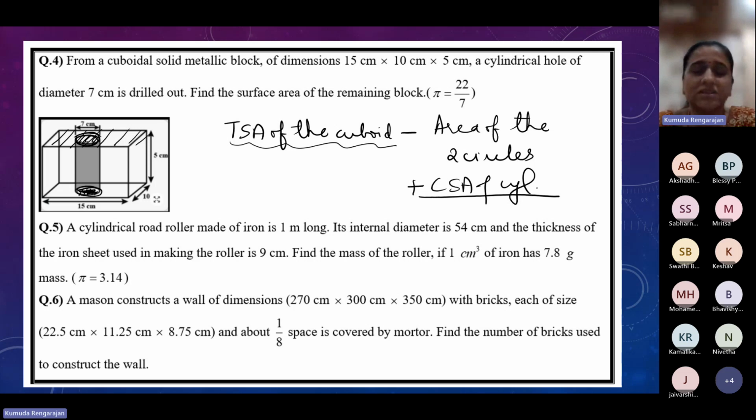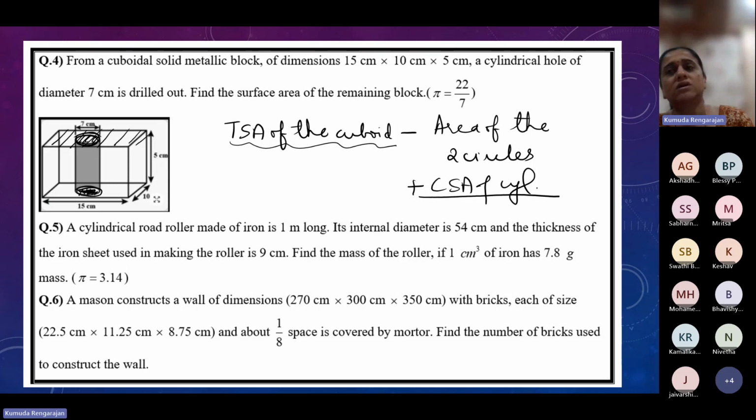Volume is always the total volume minus the volume of whatever is being removed. Volume works like that, but not surface area.